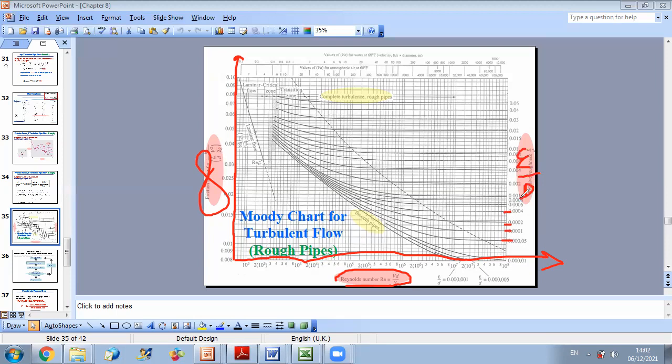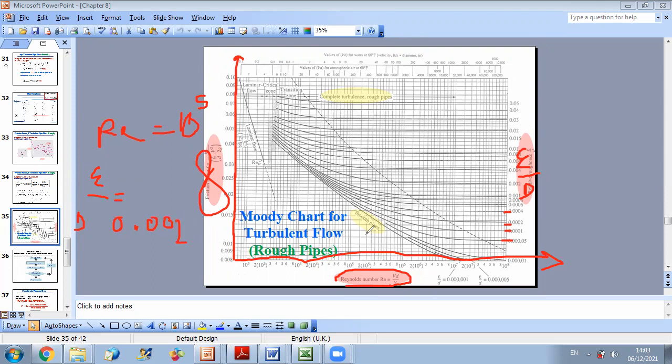For example, say you have a flow and you know the Reynolds number and the roughness and diameter. Let us say the Reynolds number is 10 to the power 5 and epsilon over d is, for example, 0.002. I want to find the friction factor.